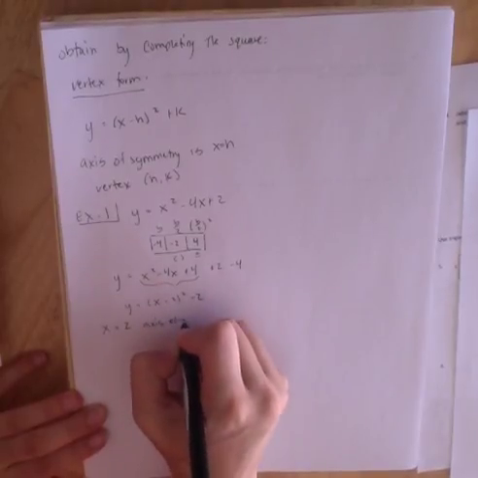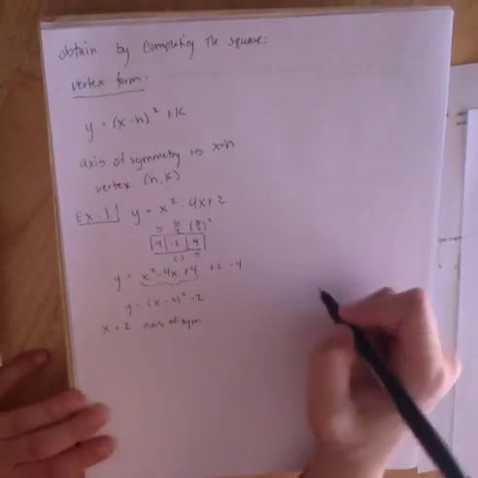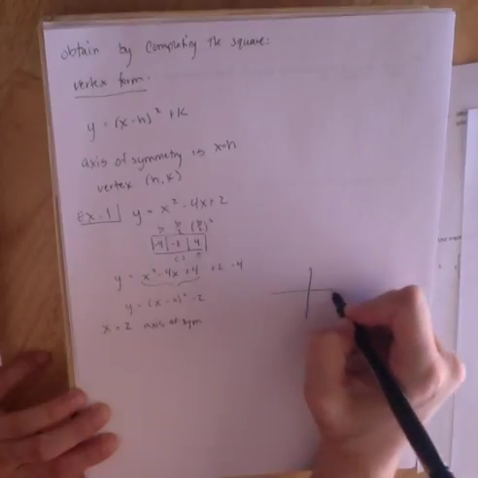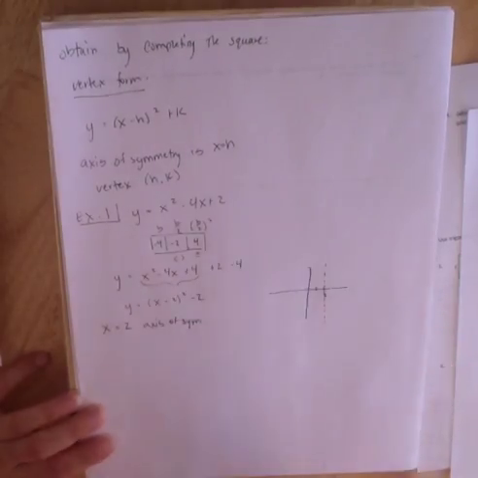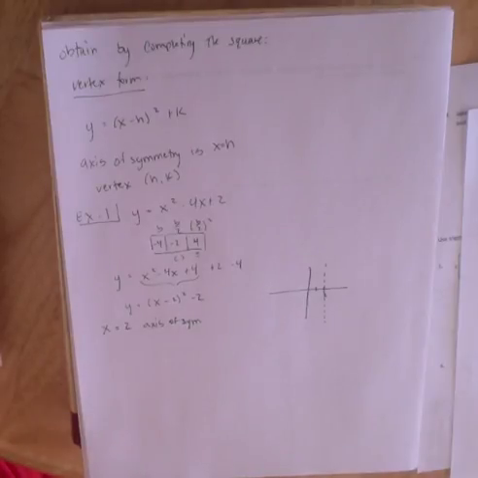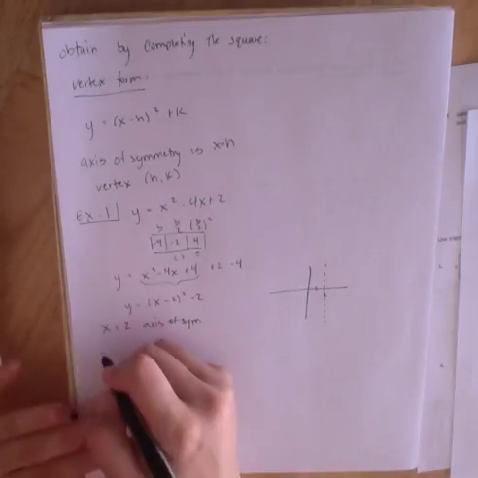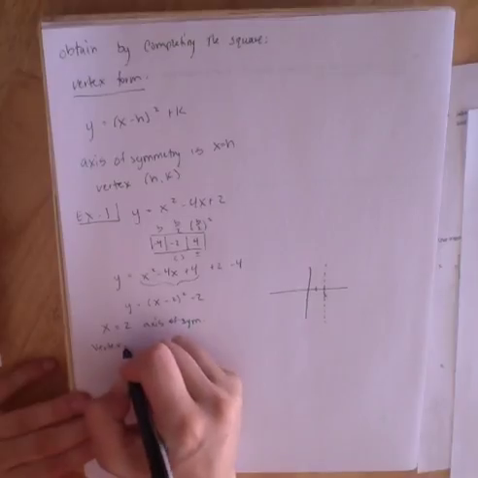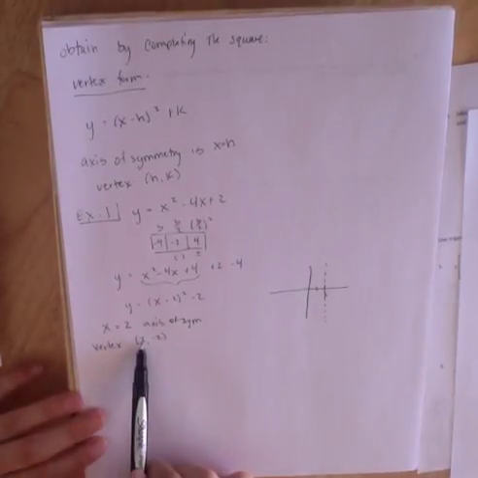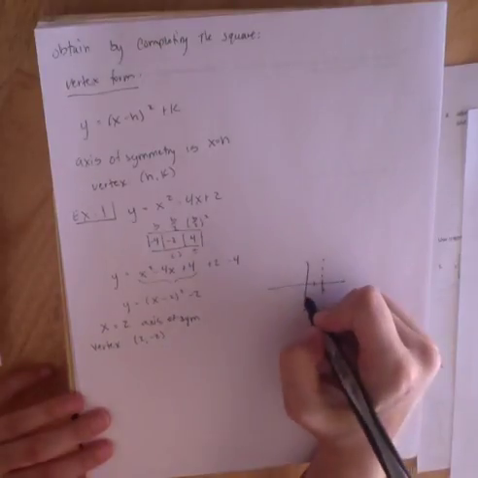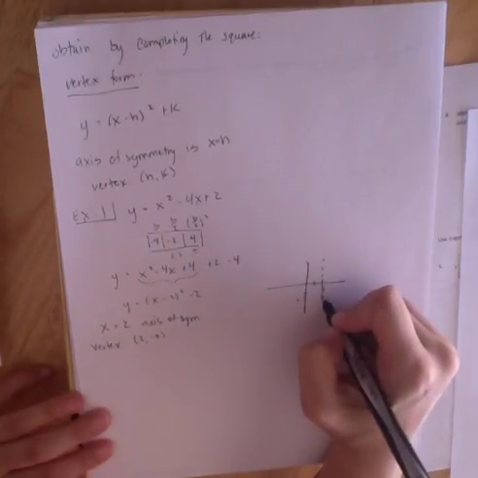This is my axis of symmetry. So when I go to graph this, I have 2. I want you to always graph your axis of symmetry like this. And my vertex is h comma k. Notice this is a positive 2. So I have 2, negative 2 here.